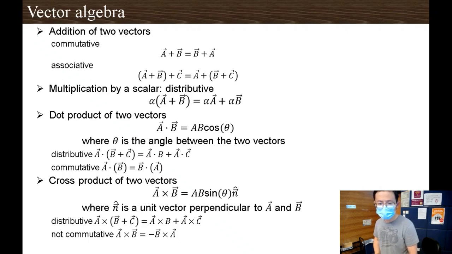Many of the identities from chapter 1 will be used extensively in the later part of the book. If you are already very familiar with vector algebra, that will help you save a lot of time when you are doing homework.